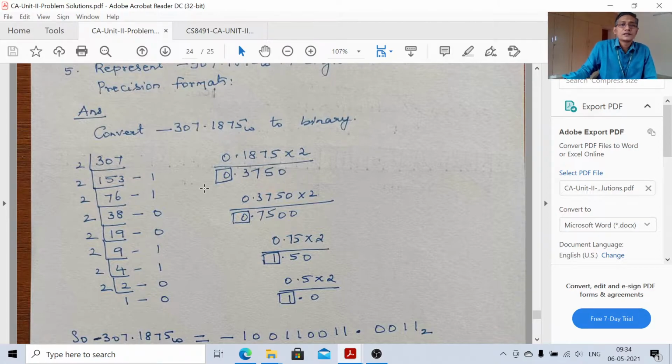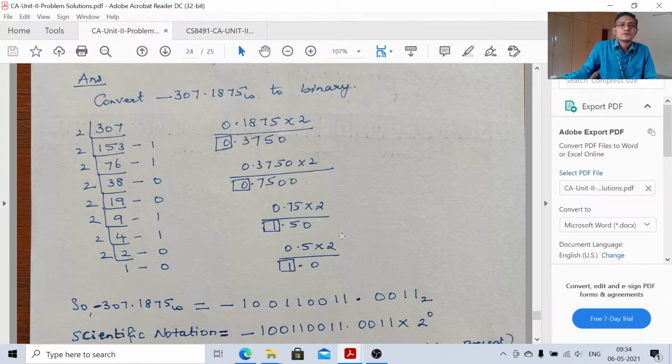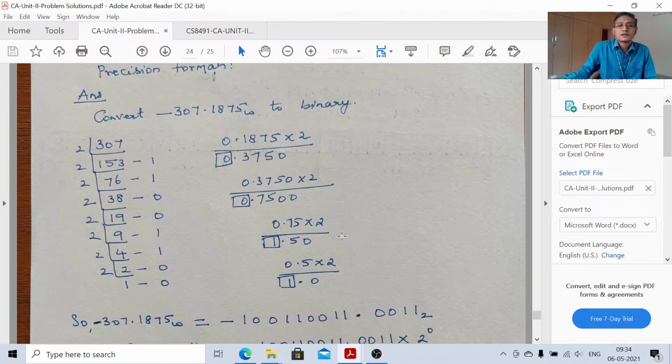When you continue this process, it becomes 0011. We will take 4 bits of representation to the right, and we will stop the conversion process because after 0.5 into 2, if you multiply 0 into 2, it becomes 0, so we cannot continue further.